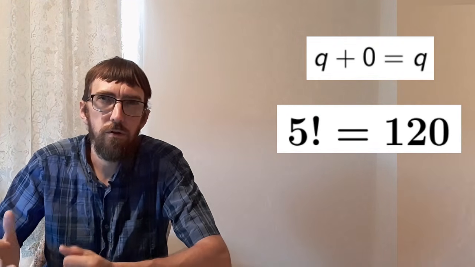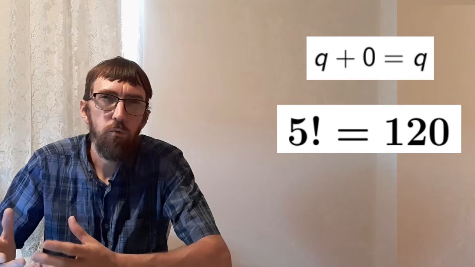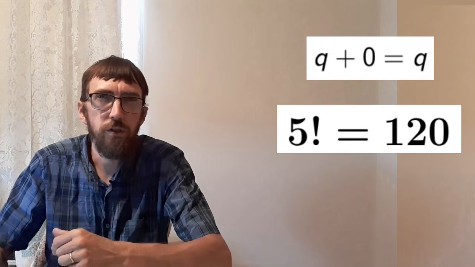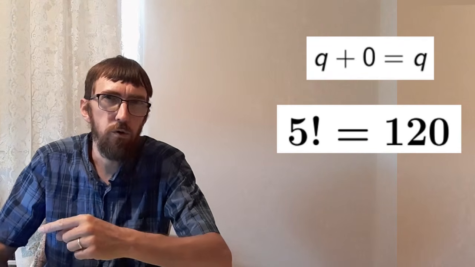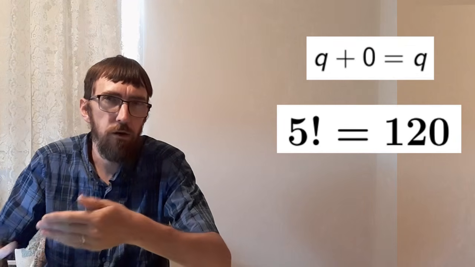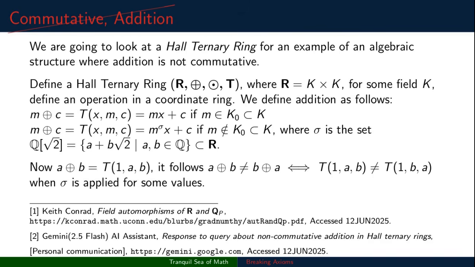Some people are also accustomed to a unary operation where you take one number and you do an operation and you get an output, like 2 factorial gives you 2, that you have one input and one output. This is a trinary operation where you have to have 3 inputs to get one output. But this breaks down into 2 binary operations, and that's the way we're defining the addition in this system.